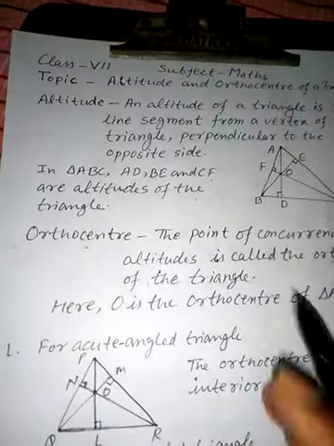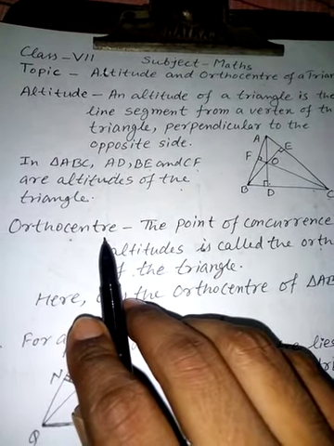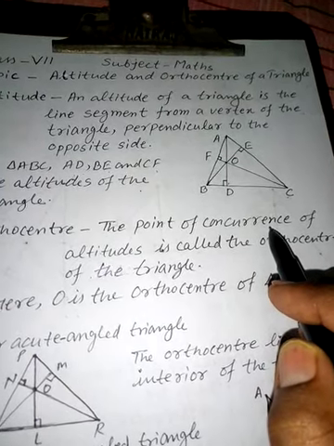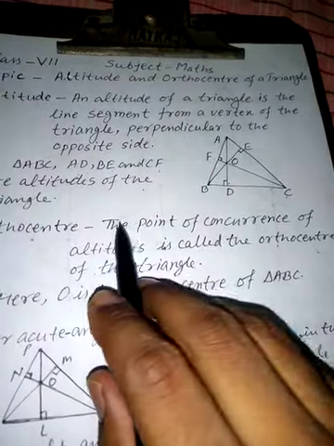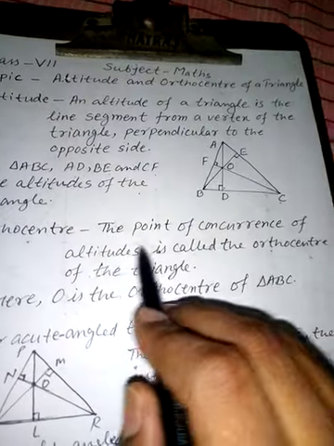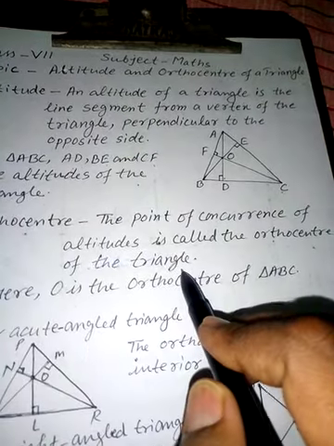And now we have to understand the orthocenter. The point of concurrence. Point of concurrence means meeting point. The point of concurrence of altitudes is called the orthocenter of the triangle.